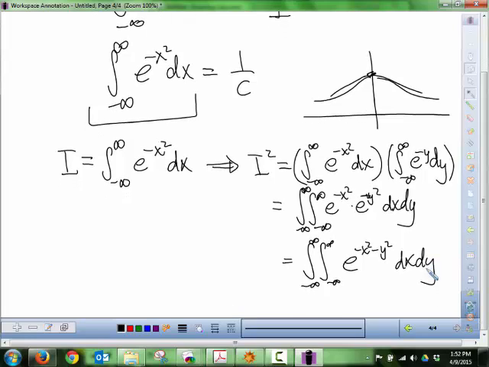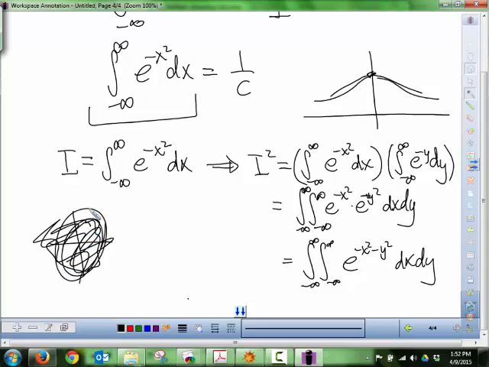So, let's think about this. We have the infinite plane, and we have this. Now we have x squared plus y squared if we factor out the negative sign in the power. And when you see an x squared plus y squared, what should you start gravitating towards? R squared. So like a polar coordinate thing, right?